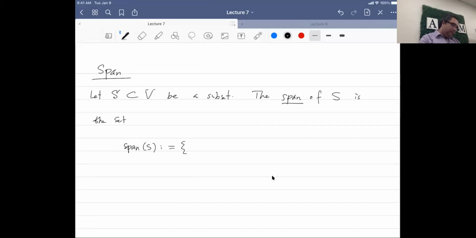All possible linear combinations a1 v1 plus all the way to an vn, where a1 through an are scalars, v1 through vn are vectors in S, and of course n can be any natural number. I mean, you're not fixing the number of vectors. So any number of vectors in S are going to be considered in all possible linear combinations. So I would say n is anything in the natural numbers, okay?